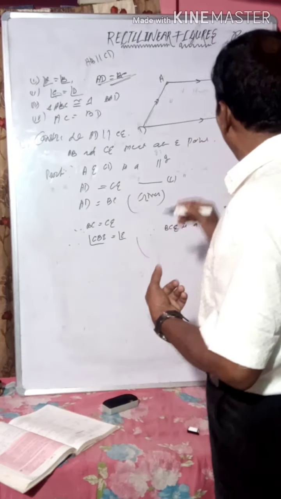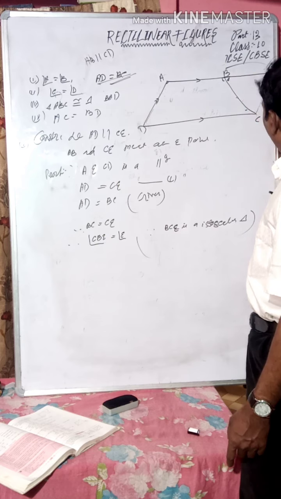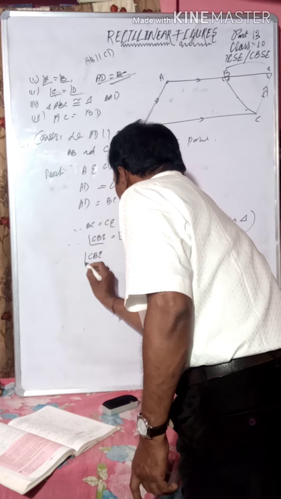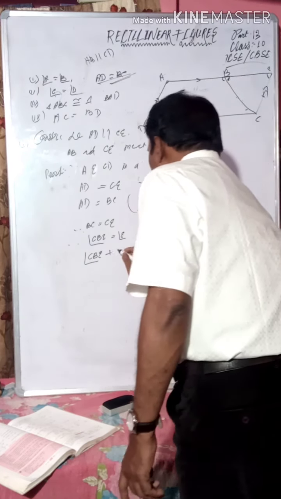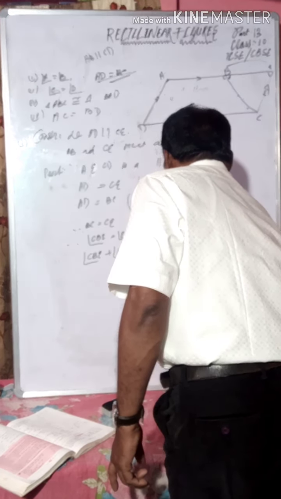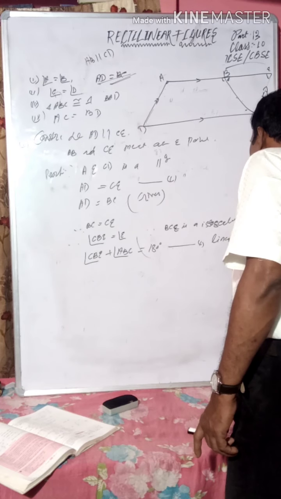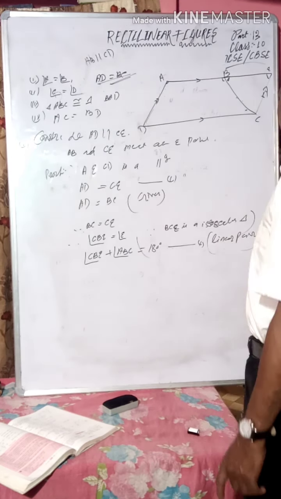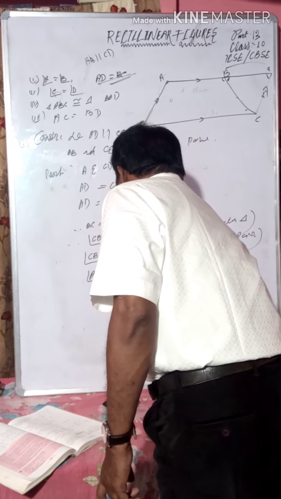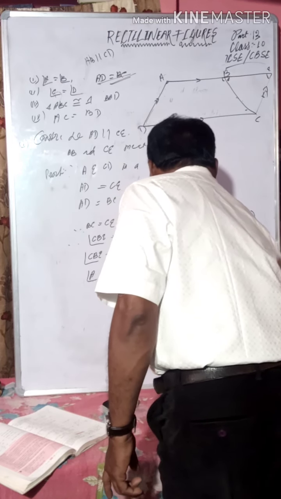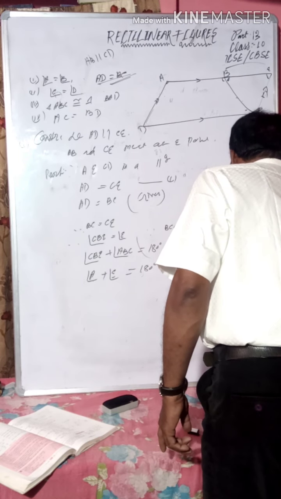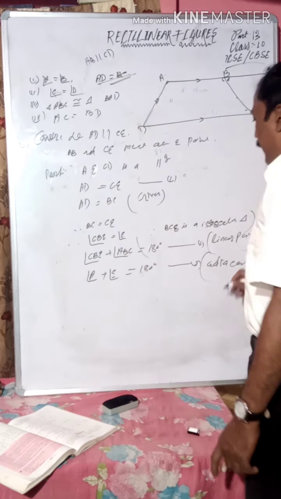Now look carefully at point B: angle CBE plus angle ABC is equal to 180 degrees, that is a linear pair. Very carefully look: angle A plus angle E is equal to 180 degrees, due to the sum of adjacent or co-interior angles.